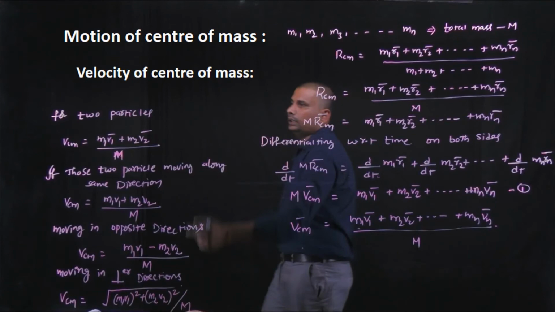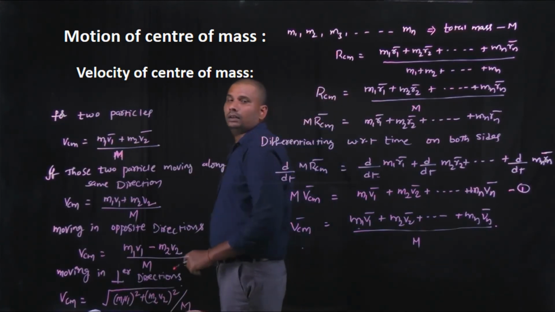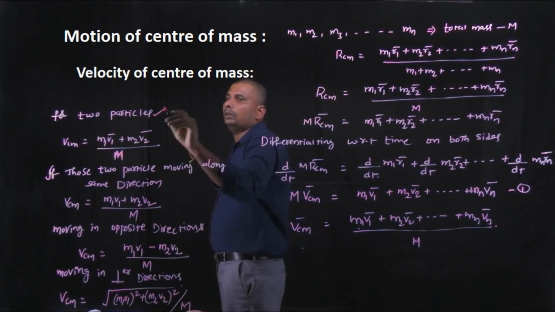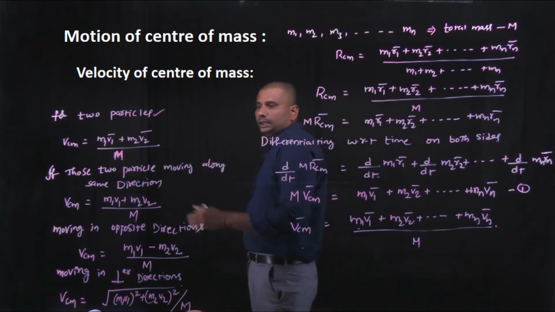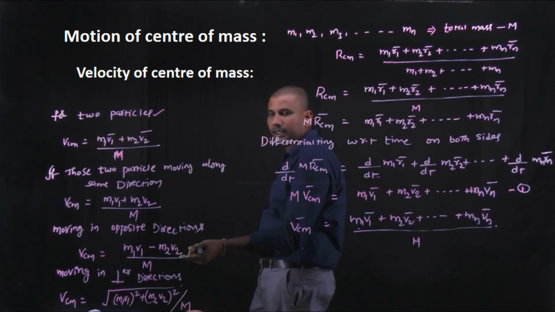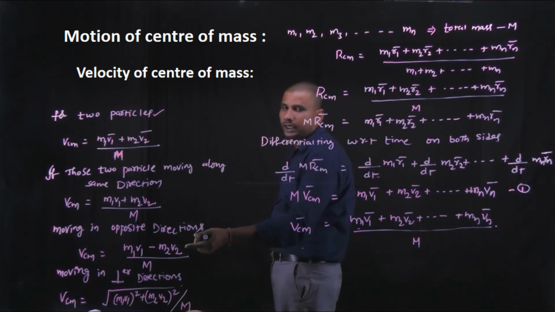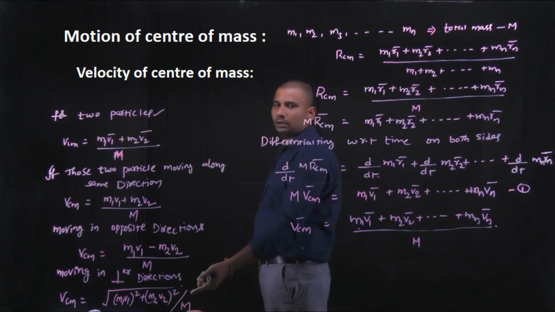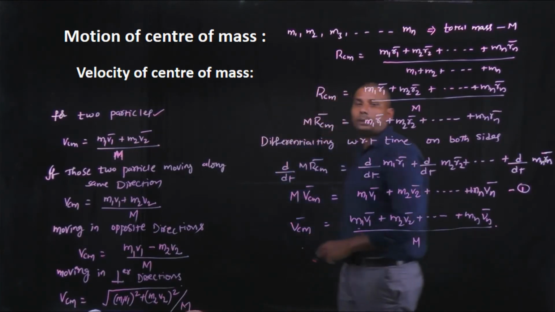These are the different expressions for the velocity of center of mass for two particles. This is for those two particles moving in the same direction, this is for those moving in opposite directions, and this is for those moving in perpendicular directions.